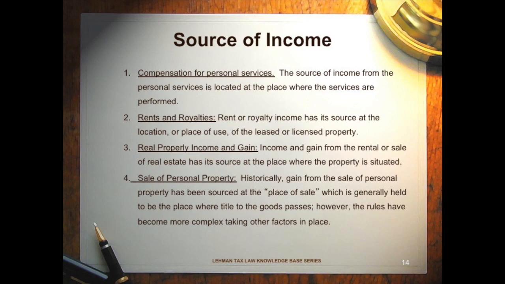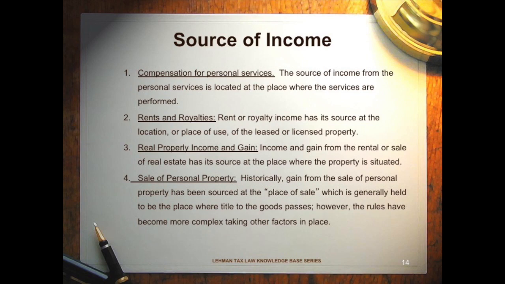If it is a foreign person working outside of the United States that's earning only foreign source income, they're not going to be subject to that. It's only foreigners who are here that are earning U.S. source compensation income for personal services.